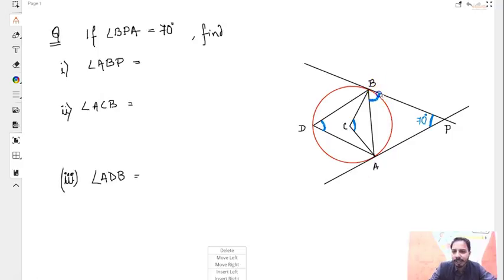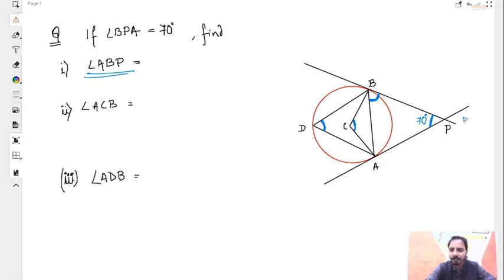So they are saying find out this angle, this angle, and this angle. All of you try to solve it. First of all, you tell me what should be this angle ABP. Already done. Okay. Others, do it guys. I want an answer from all of you.